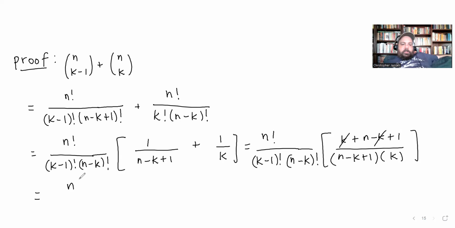Which is n factorial. So this simplifies to give you n plus 1. So you have n factorial times n plus 1 on top, and on the bottom we have k times k minus 1 factorial.